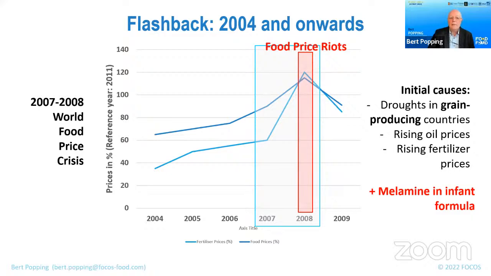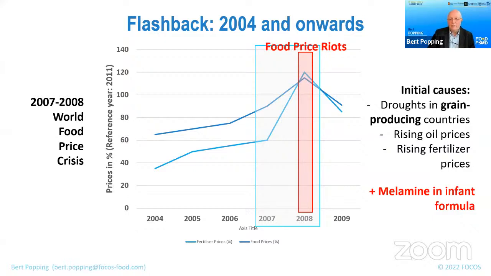So here it was used to increase the apparent protein content of milk, but it could equally be used if you use a certain quantification technique called Kjeldahl. It could equally be used for wheat, because now we have a shortage of wheat in the market. So that's something to watch out for.